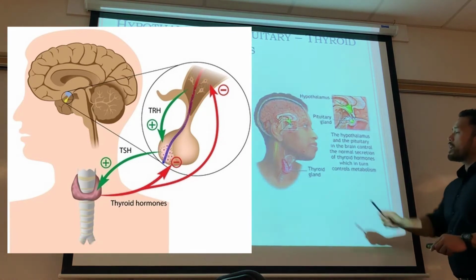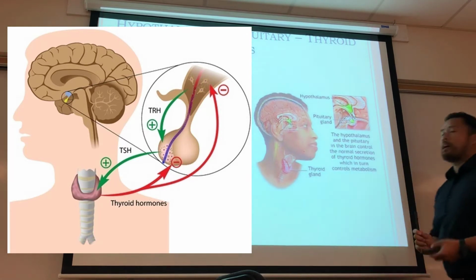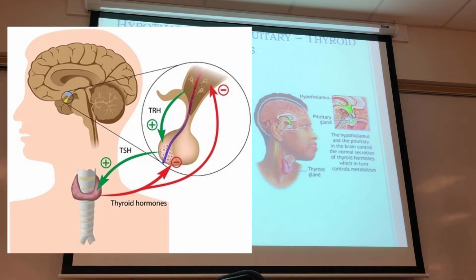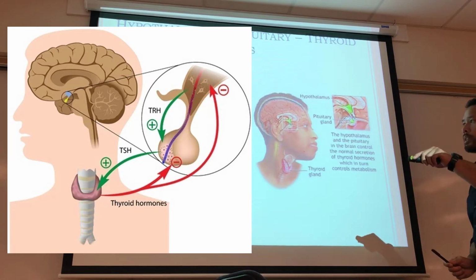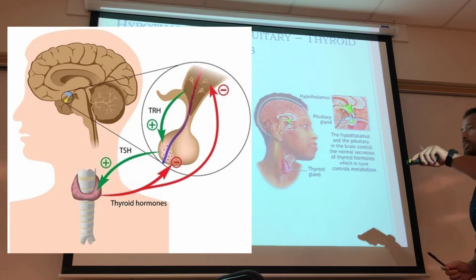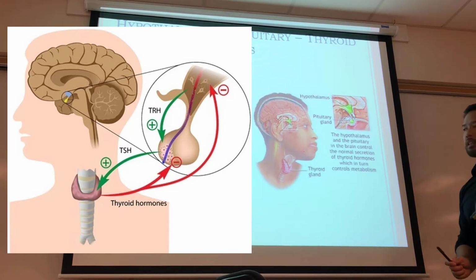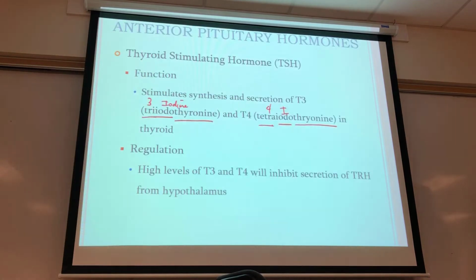Okay? So the hypothalamus will have receptors for it saying, if I've got enough, I can turn off. And what it's going to stop doing is producing thyrotropin-releasing hormone, which in turn will limit the amount of thyroid-stimulating hormone, which again will, in turn, limit the production of our T3 and T4. So that concept you should get by now.